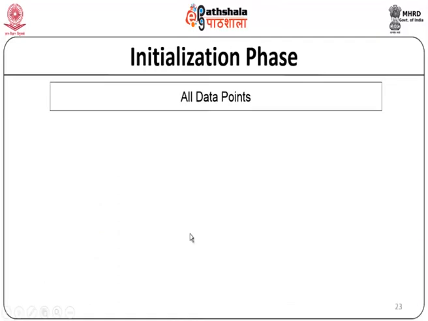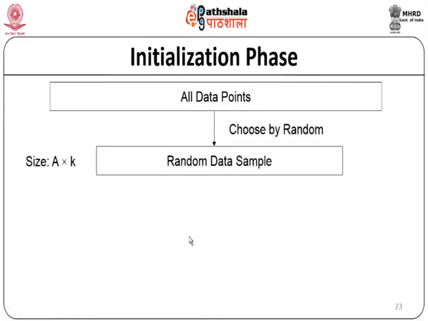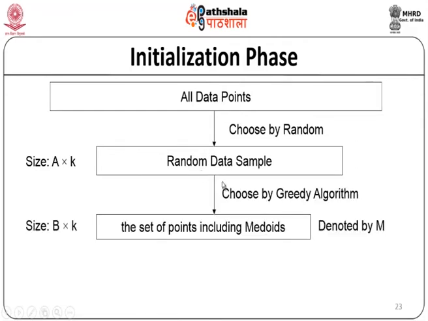During the initialization phase, as already mentioned, we initially select many data points and then we choose at random some set of samples. This sample data size will be small when compared with the original data. Having chosen sample points, next we choose a set of points which also includes the medoids.